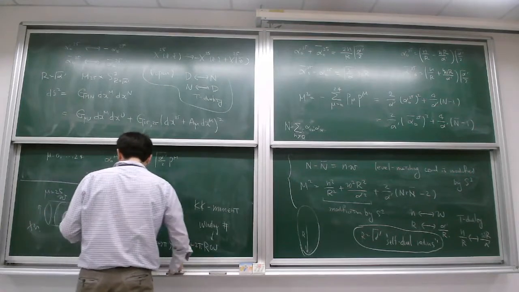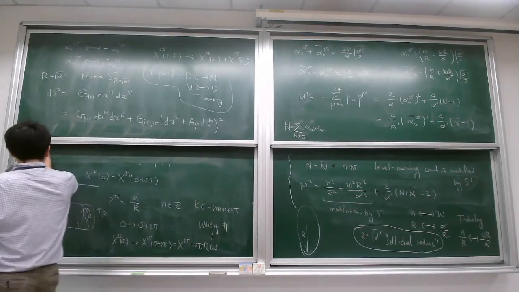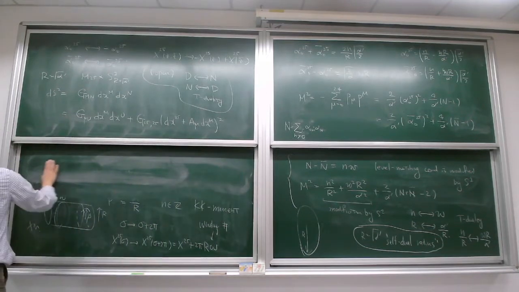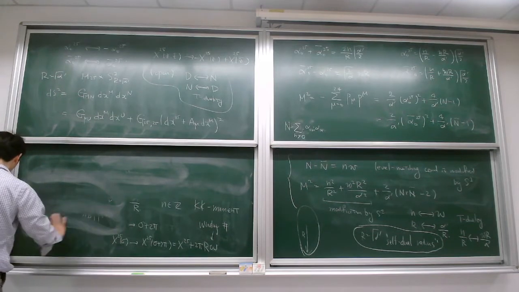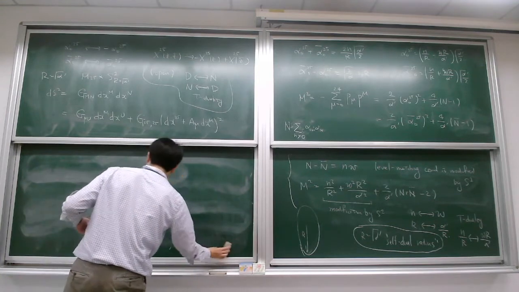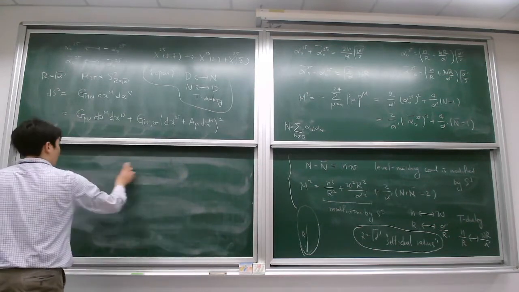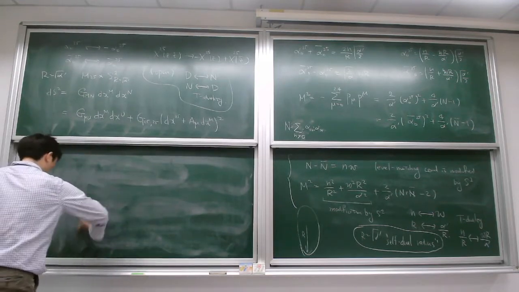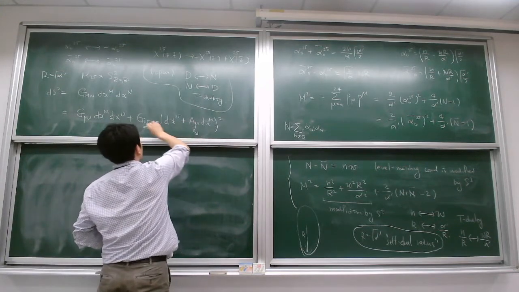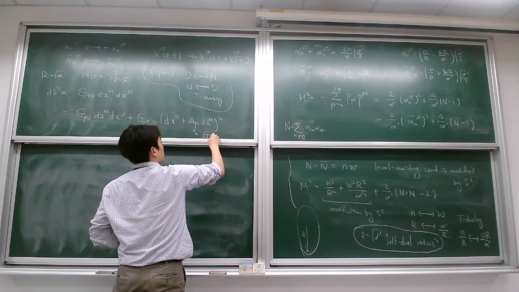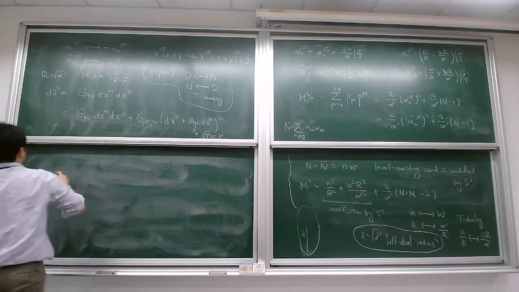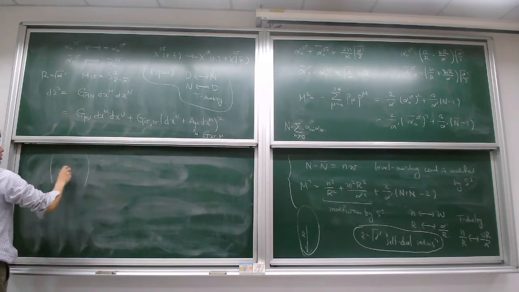The metric can always be written this way. This A_mu is related to G_25 mu, up to some shift, by the factor G_25,25. So I just write the metric like this.